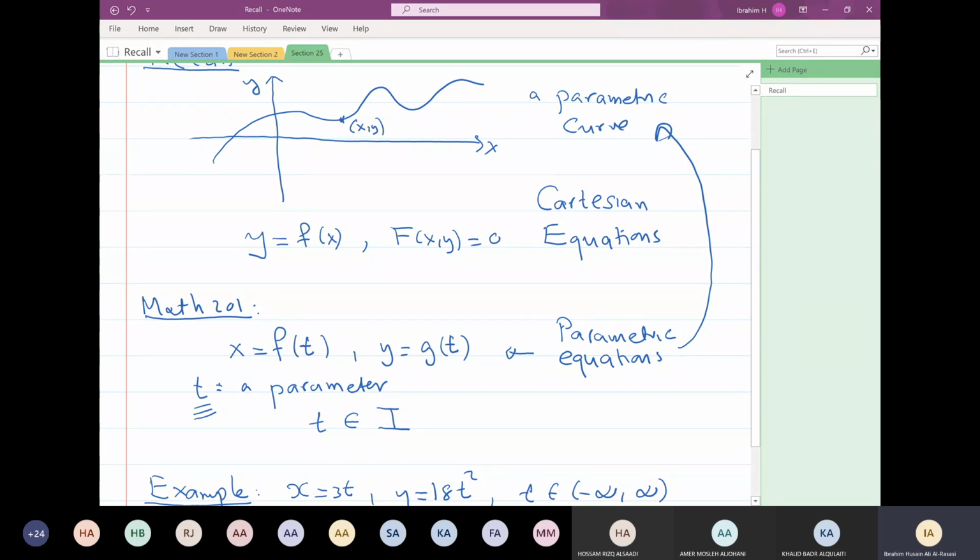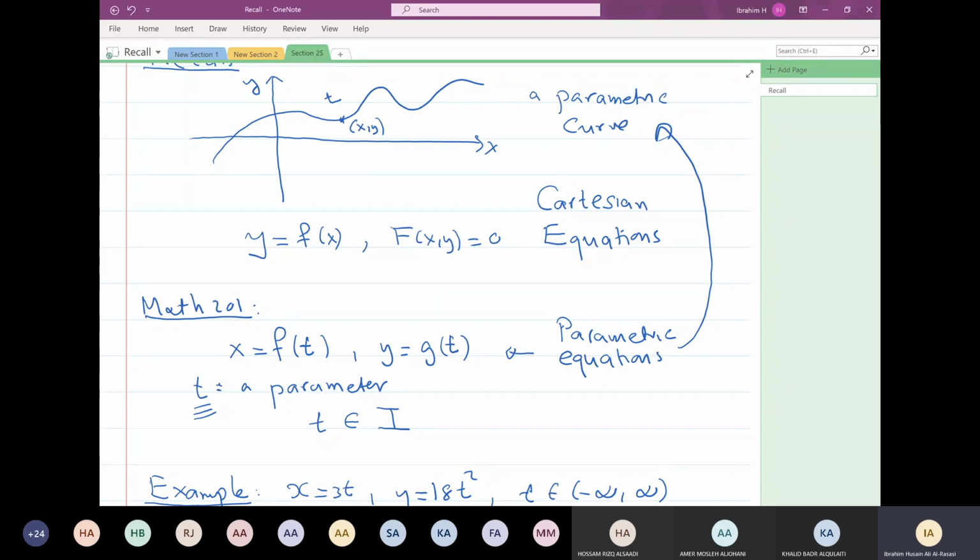So with t as time, you can think of the parametric curve as a path of a moving object whose location at time t is x and y, where the x coordinate and y coordinate can be found from these two equations, x equals f of t and y equals g of t.